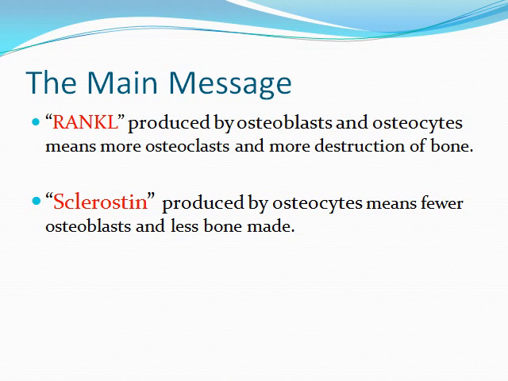Now, the main message here is that RANKL ligand is produced by the osteoblast and the osteocytes, and that means that more osteoclast and more destruction of bone will occur, whereas sclerostin, which is produced by the osteocytes, means fewer osteoblasts and less bone is being made.